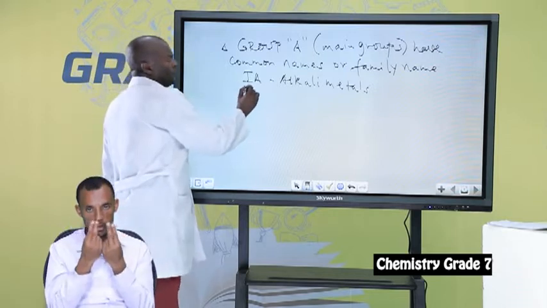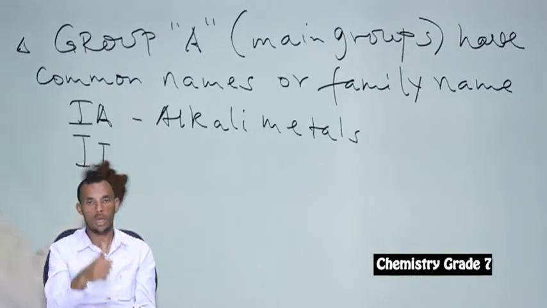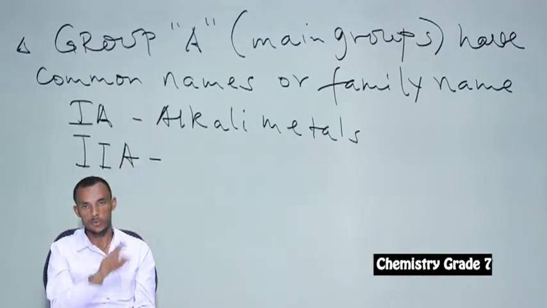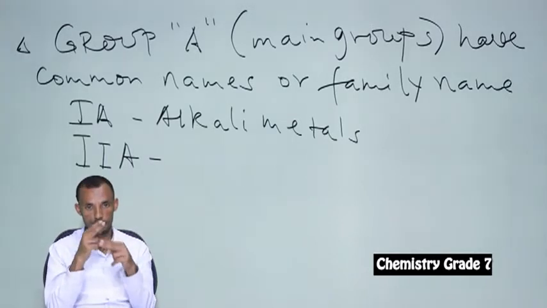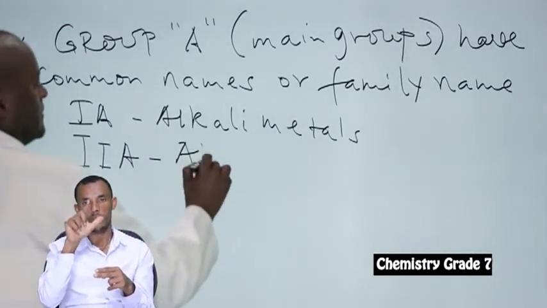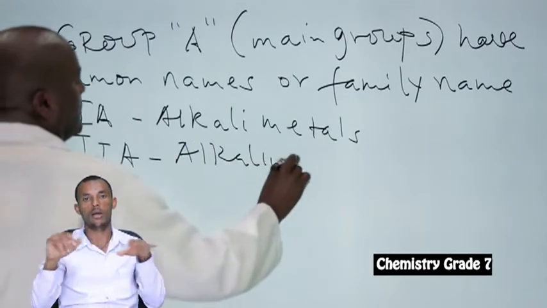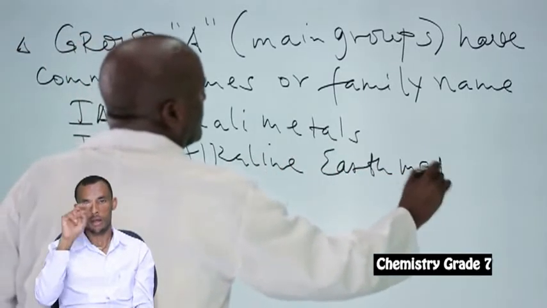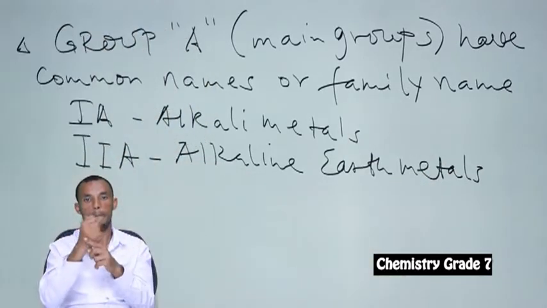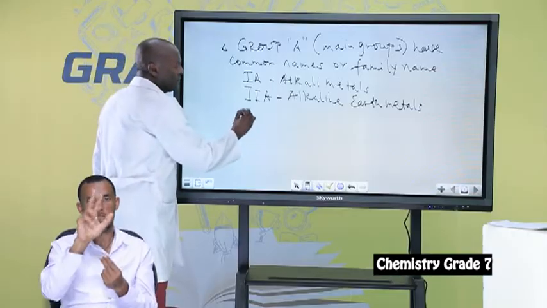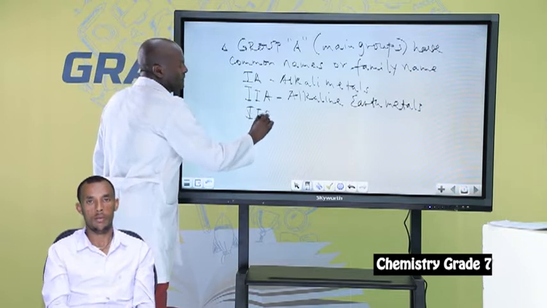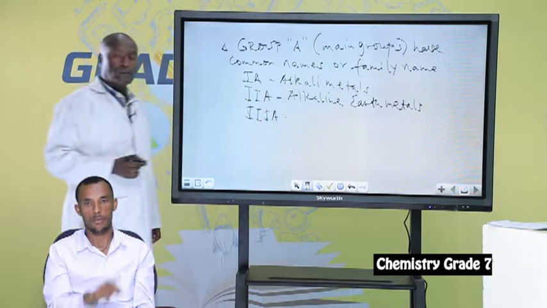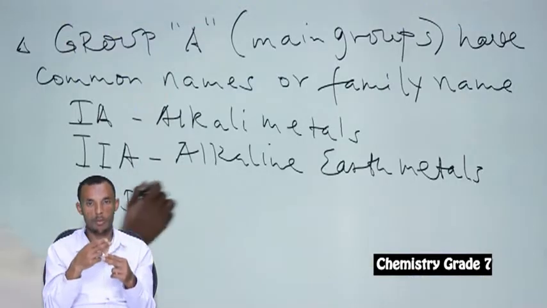Group 2A are called alkaline earth metals. Group 3A are called the boron family.